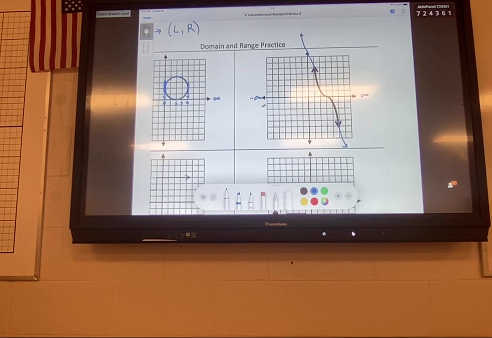So, when we're talking domain, Cam's group, take a wild guess how far left that weird graph continues to go. Infinite. It goes on forever to the left. And forever to the right. So what that means is it goes from negative infinity, because it goes forever to the left, to positive infinity. And we always use parentheses for that.